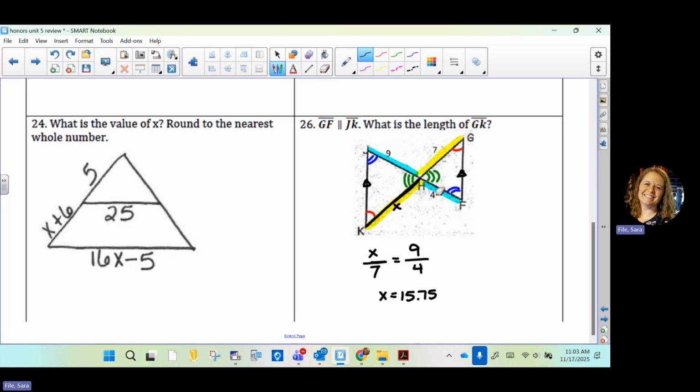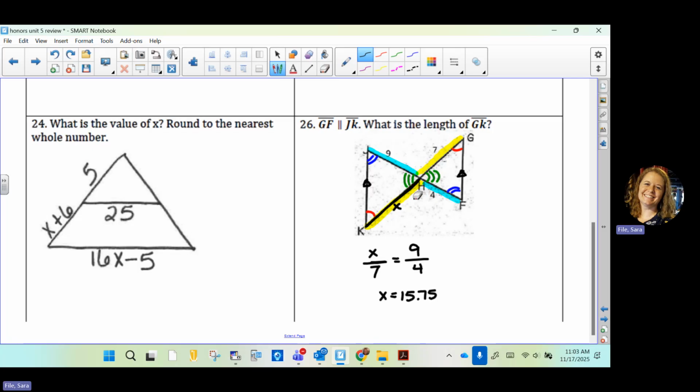And in this triangle, the yellow is bigger than the blue. So here, the yellow should be bigger than the blue. Does that make sense? So it kind of just logics out, okay, this X should be more than 9 because that 7 is more than 4. It's not necessarily common sense, but if you think about it, X has to be longer.